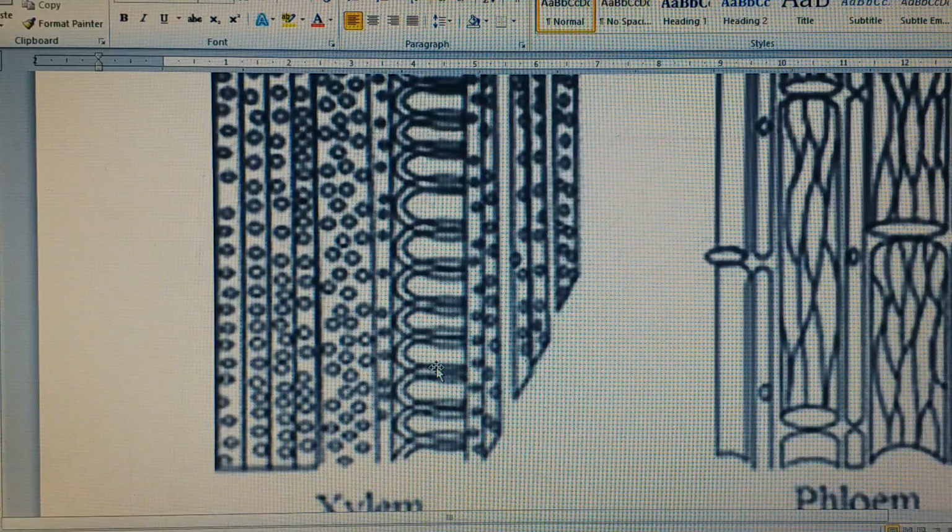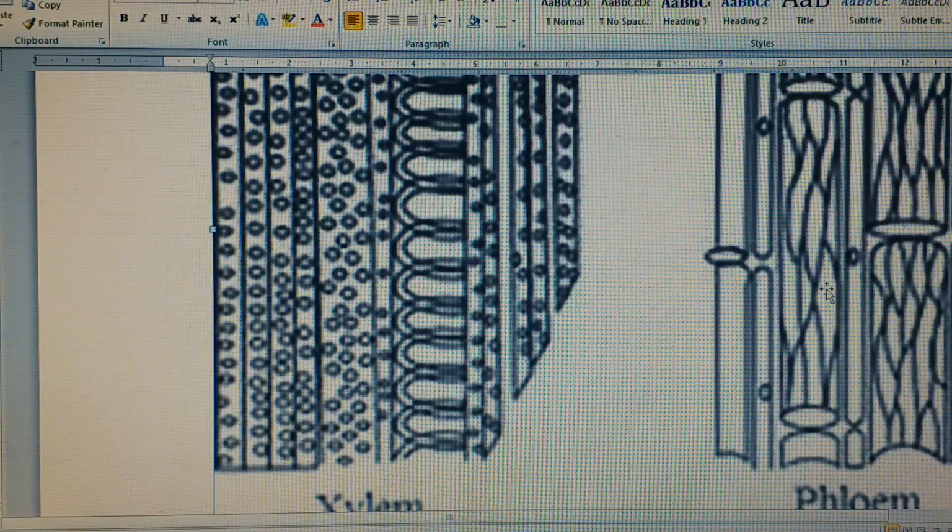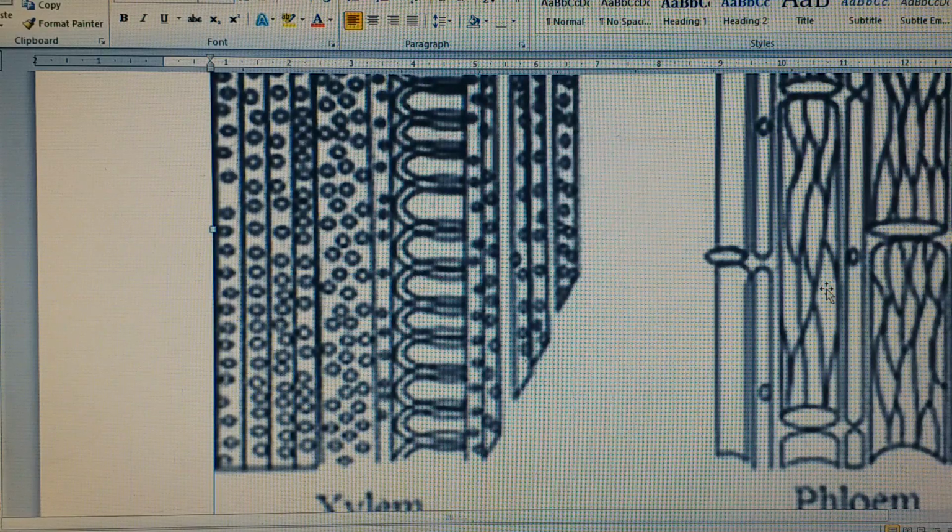Here this is the structure of xylem, and this is the structure of phloem. So xylem is responsible for water transport, and when the water is received by the leaves, which have an abundance of chloroplast, the green color pigment, in the presence of water and carbon dioxide, leaves prepare food.